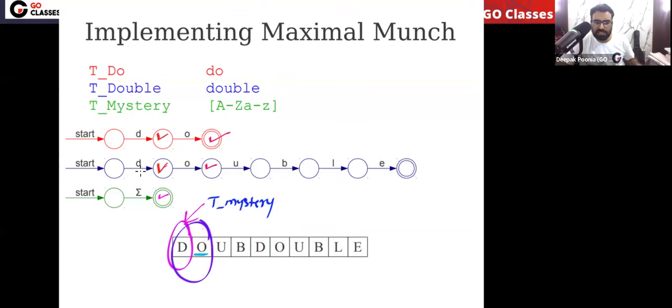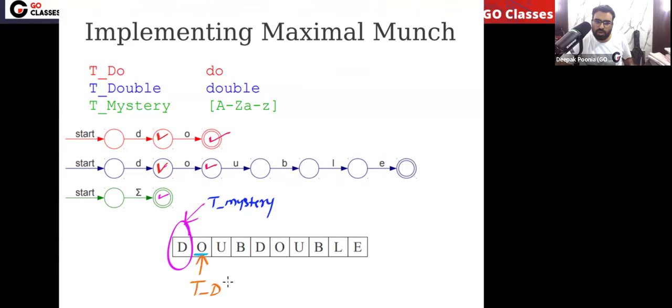Now when you read this DO, forget about the third NFA, that is out of the race. Look at the first NFA: we are in the final state, which means now this is the last matching regular expression.